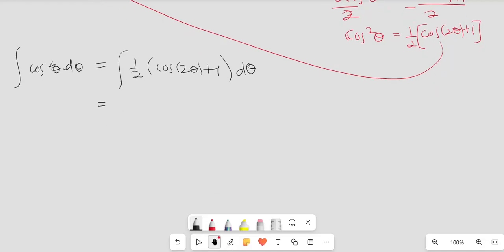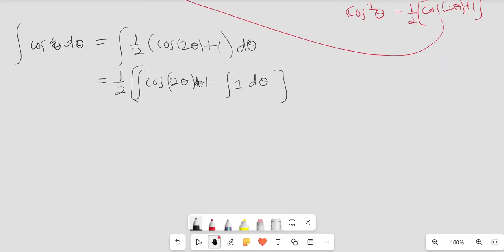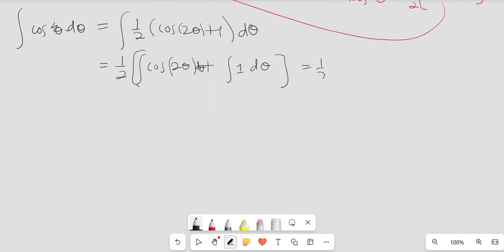So this can be split into 1/2 times the integral of cosine 2 theta d theta plus the integral of 1 d theta, and the integral of 1 in the theta world is just theta.